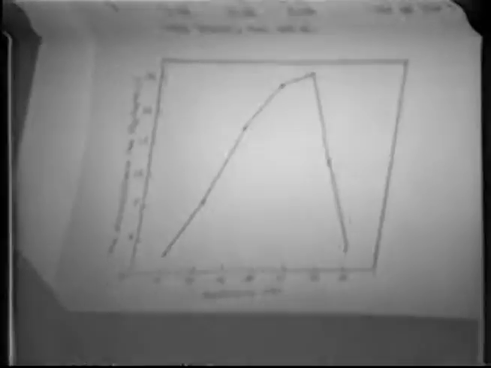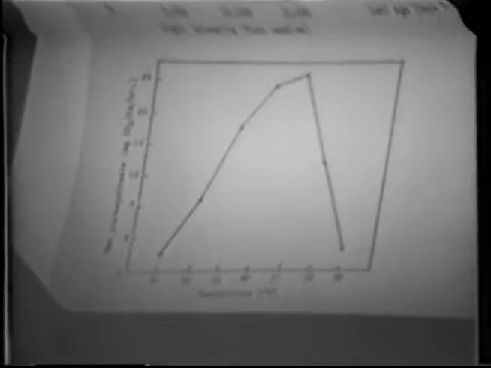And it climbs rather steeply there to a maximum that occurs at about 77 degrees Fahrenheit. 78, I think it is, somewhere in that neighborhood. It's below 80. And then a very sharp drop-off in rate of photosynthetic activity as the temperature is increased beyond that point.